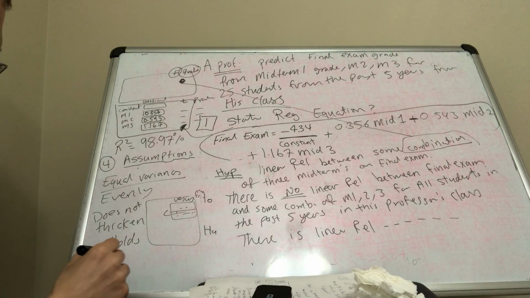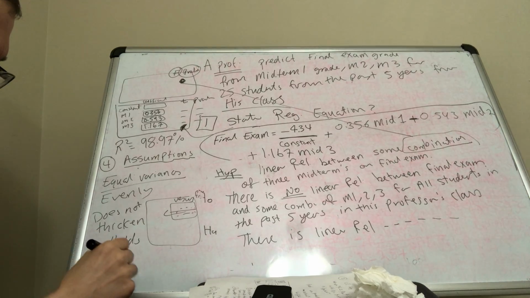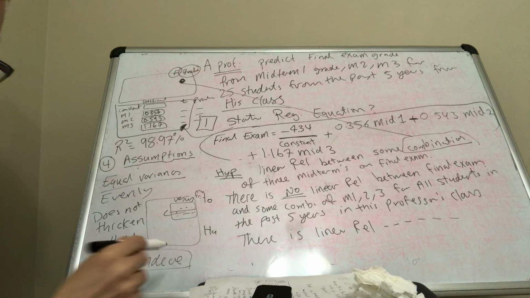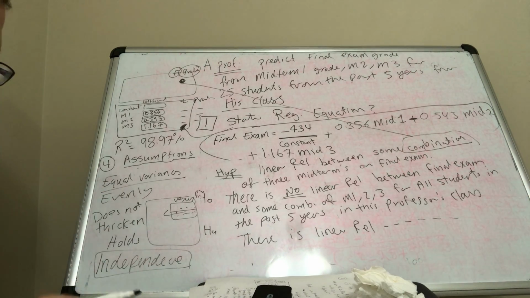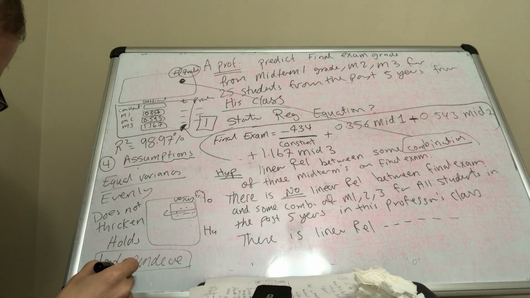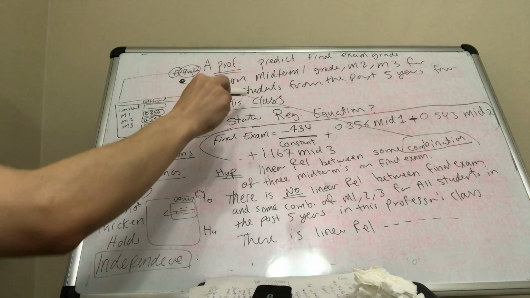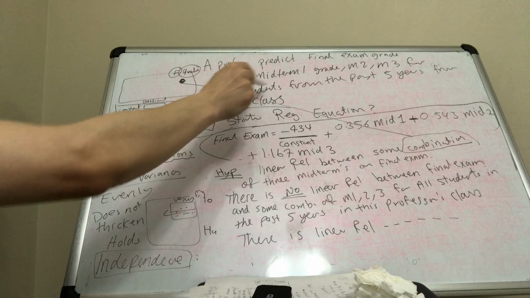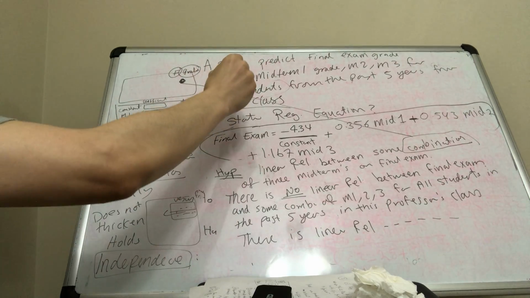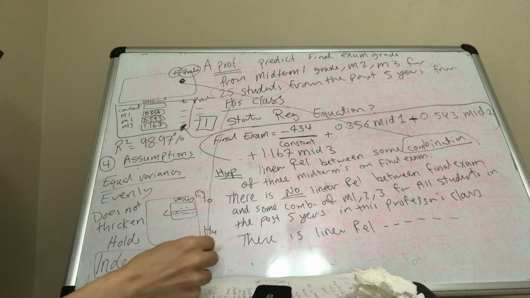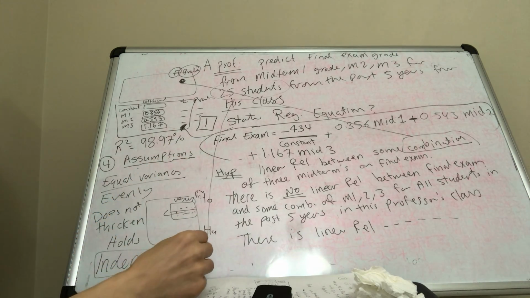I'm not sure if I talked about the independence assumption. I think I'm just trying to remember. Maybe I didn't talk about the independence assumption, the fact that the sample was selected randomly. So make sure that if I haven't talked about it, to add it, maybe I forgot.